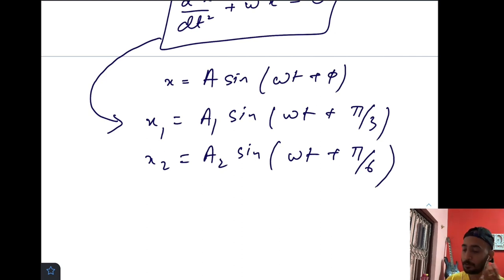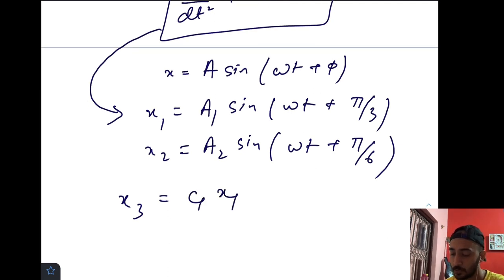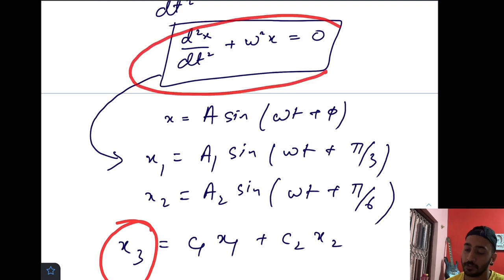Now the beauty of the solutions is that if x1 and x2 are solutions of this differential equation, even their linear combination will also be a solution for the same differential equation. That means if you take another solution x3 equals c1x1 plus c2x2, where c1 and c2 are real coefficients, then also this x3 will be a solution of this differential equation.